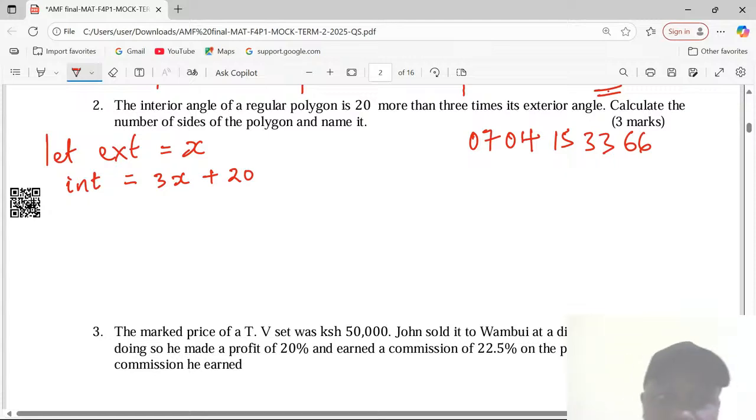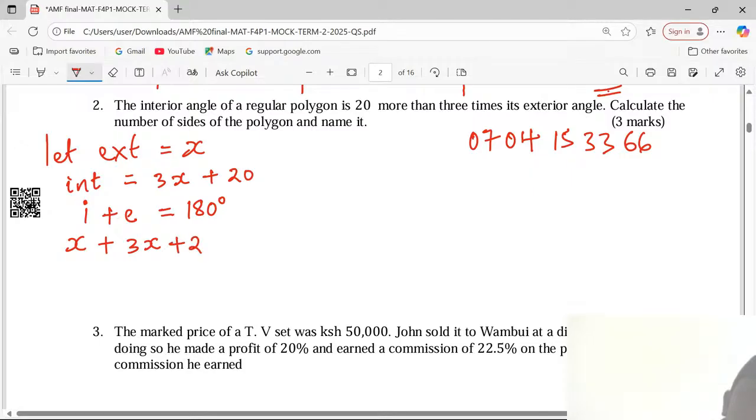Something that we should know about interior angle and exterior angle of a polygon, whether regular or irregular, is that interior angle plus exterior angle usually give 180. So x plus 3x plus 20 should give us 180.